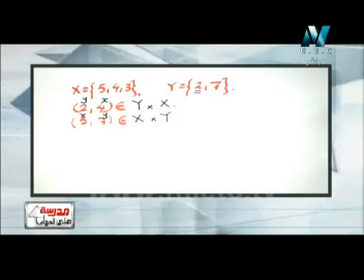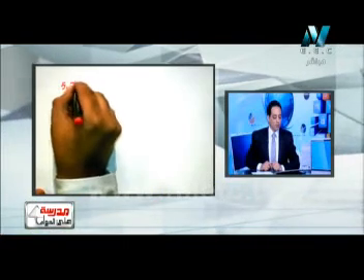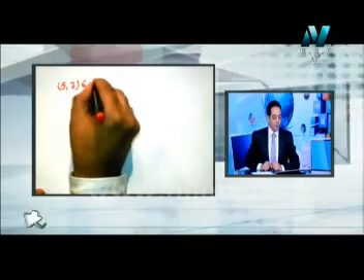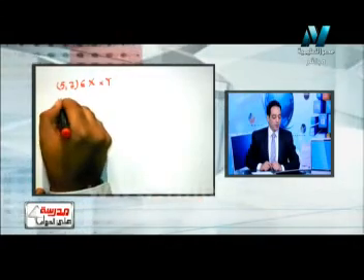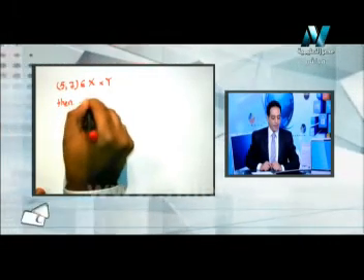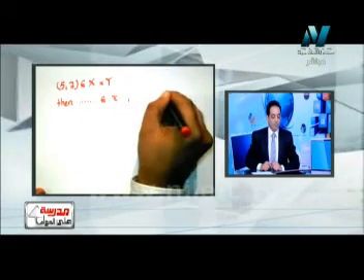Now, if (5, 7) belongs to x product y, then 5 belongs to x and 7 belongs to y.